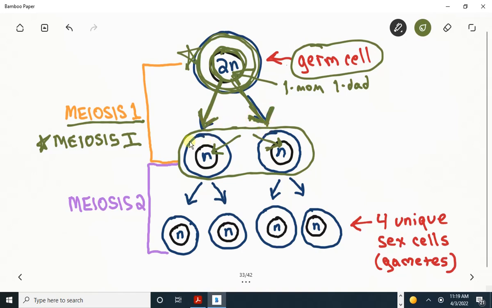But that doesn't mean that one cell is mom and one cell is dad chromosomes.